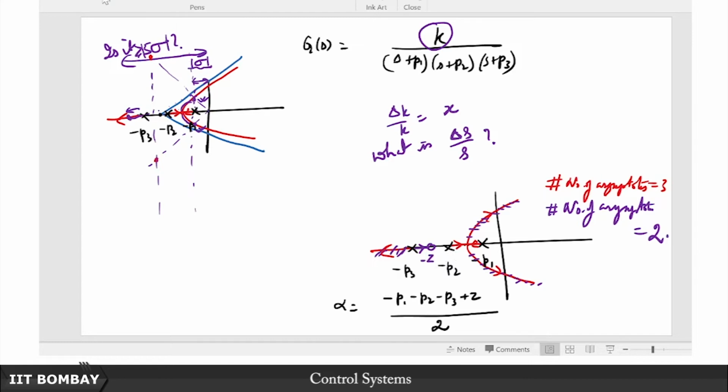So somewhere here, let's say the centroid starts, let's say somewhere here, right? But now the asymptotes are like this. So again, like we concluded for the second order system, you see the root locus now will go in this direction, right?